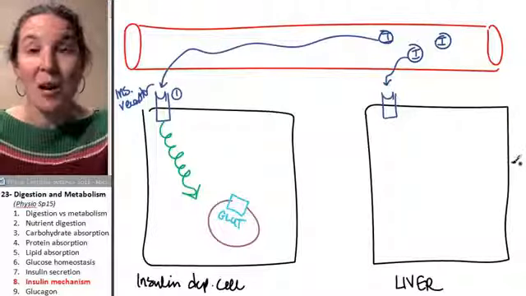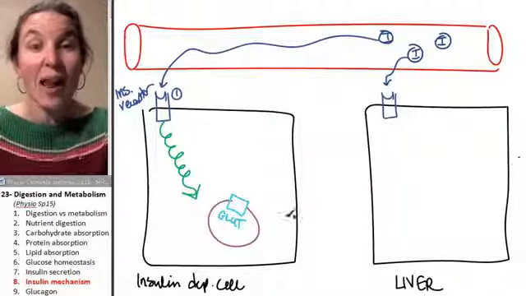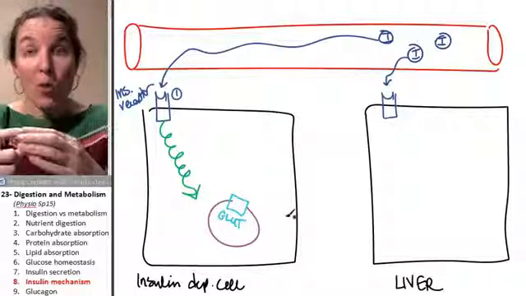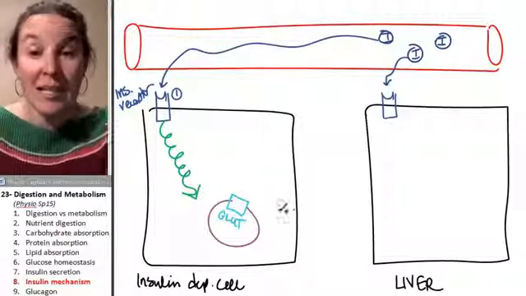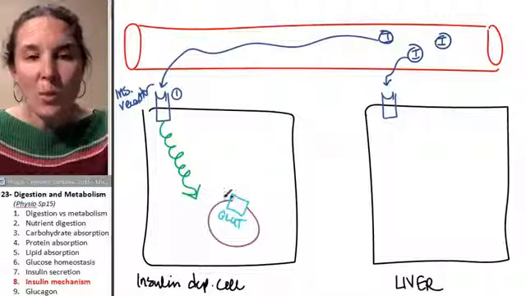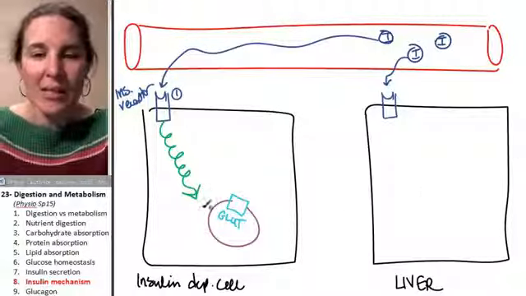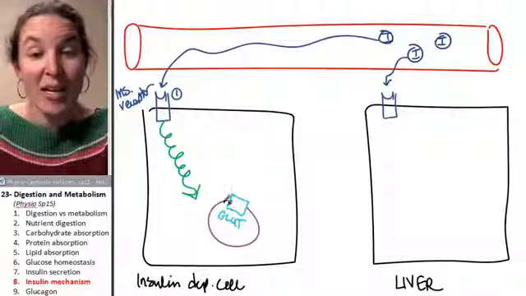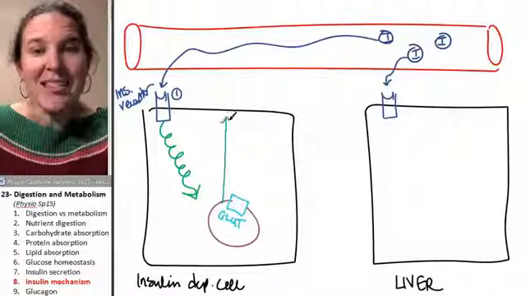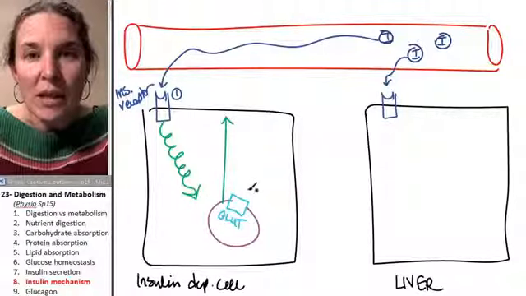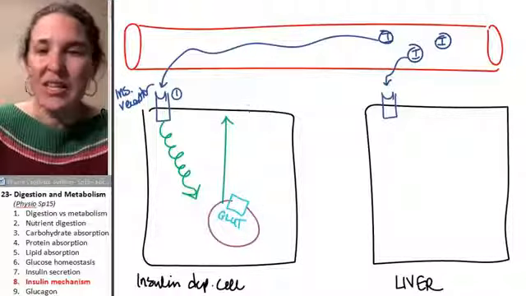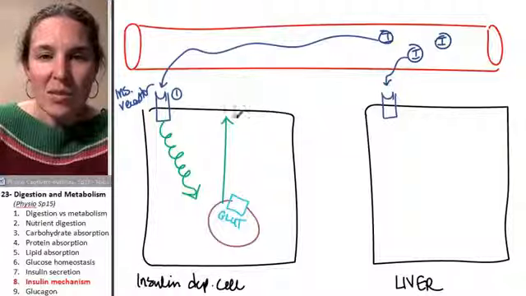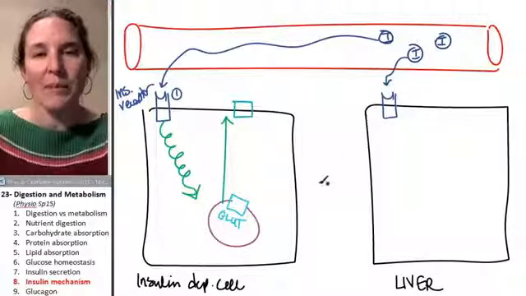Remember when we talked about ADH? That had water pores, aquaporins inside the vesicles, inside your collecting duct cells. Well, guess what this second messenger cascade is going to cause? It's going to cause the exocytosis of these vesicles, which inserts GLUT into the cell membrane.